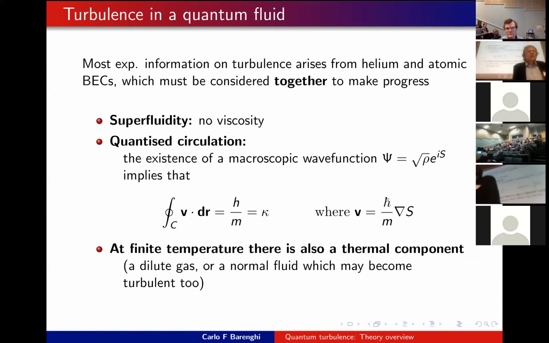And the third property is that when the temperature is not zero, in our systems there are also thermal components which we need to account for. That can be, for example, some kind of dilute gas moving ballistically, or if the mean free path is much shorter, it takes the form of some kind of fluid, which we refer to as normal, because that's the name which is used, and also because it's really like a viscous fluid of traditional fluid mechanics.